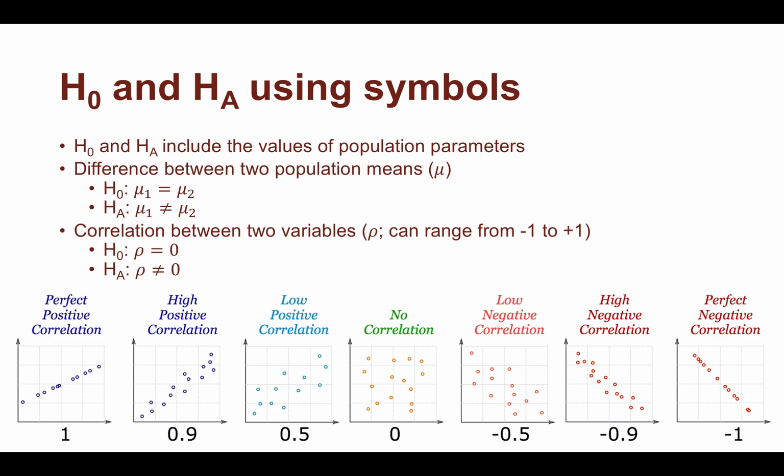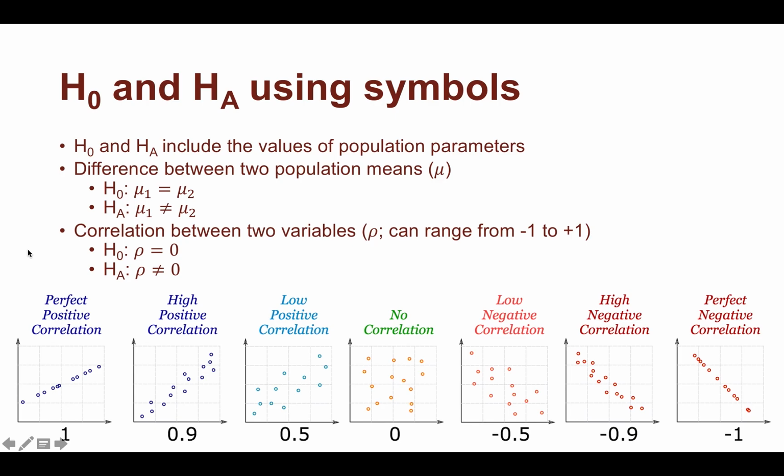The null hypothesis would be mu1 equals mu2. The alternative would be mu1 does not equal mu2. So this symbol you see here that looks kind of like a U is the Greek letter mu, which is like an M in Greek.